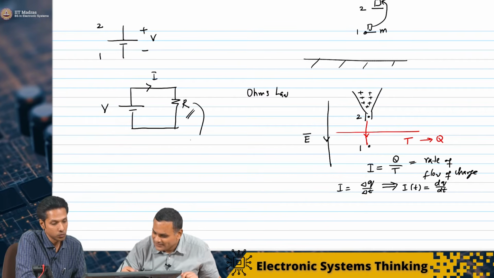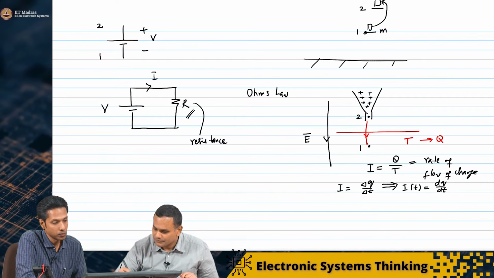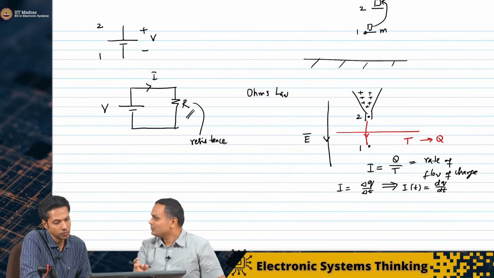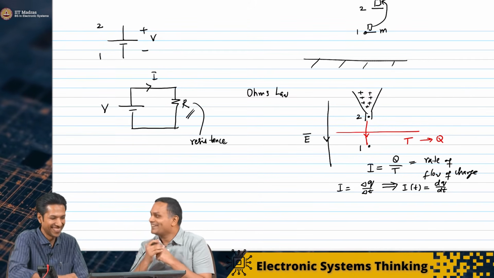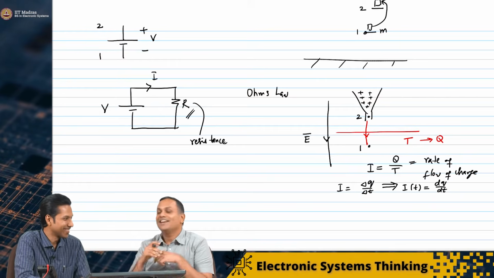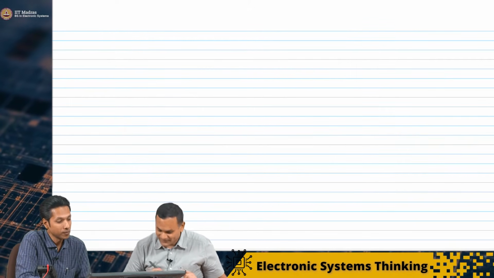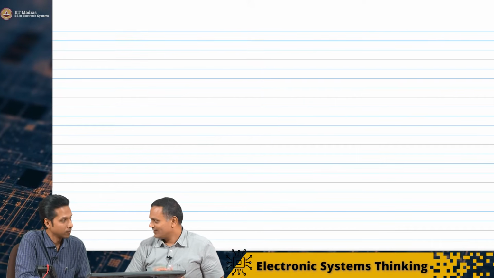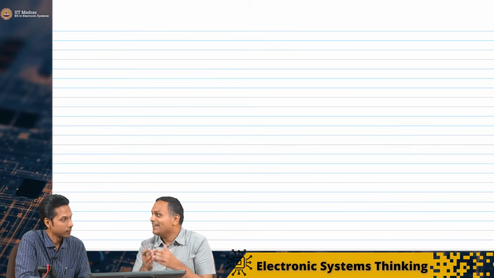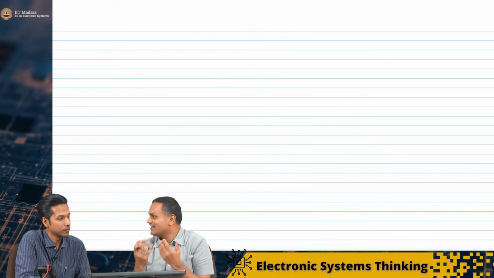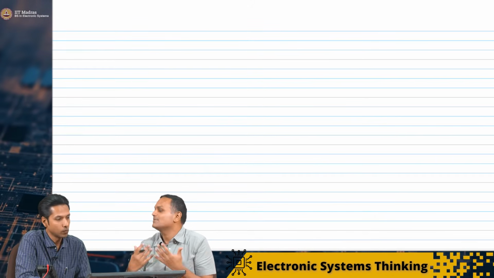R stands for resistance. Now this name has been chosen very carefully because it resists something. What do you think it resists? It resists current flow. So if you choose an element that has high resistance, if you choose a large resistor, it resists the flow of current more than a small resistor.